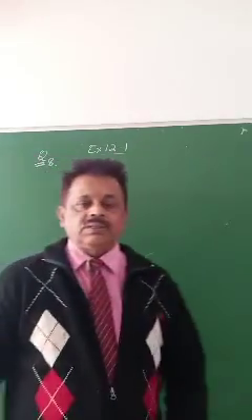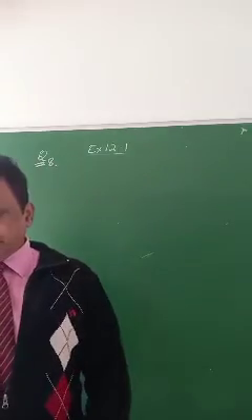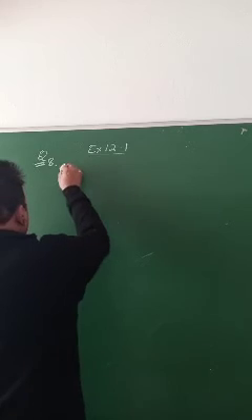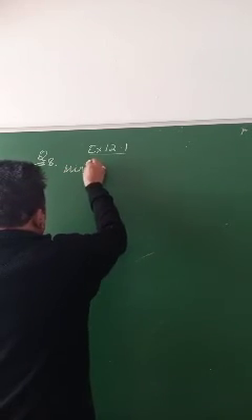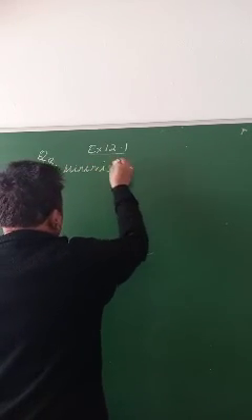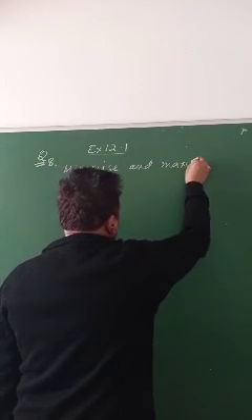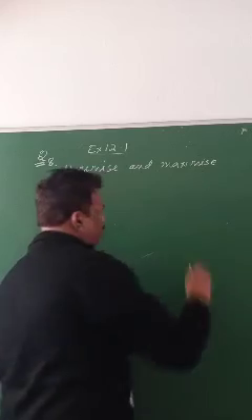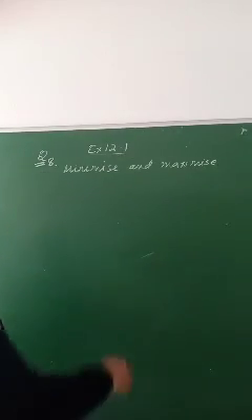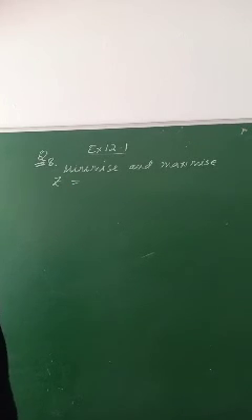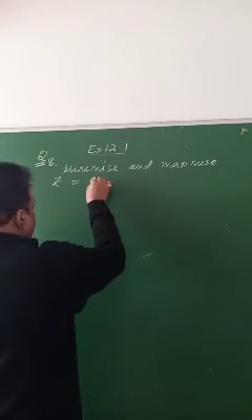This time you will get very simple questions. So it is given to us to minimize and maximize Z, which is x plus 2y.